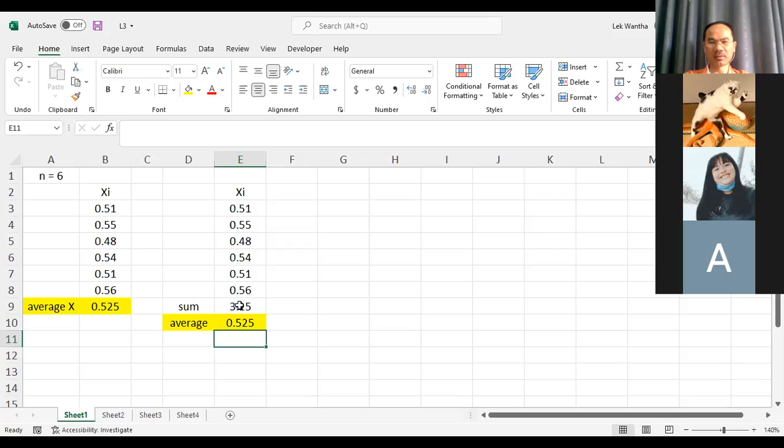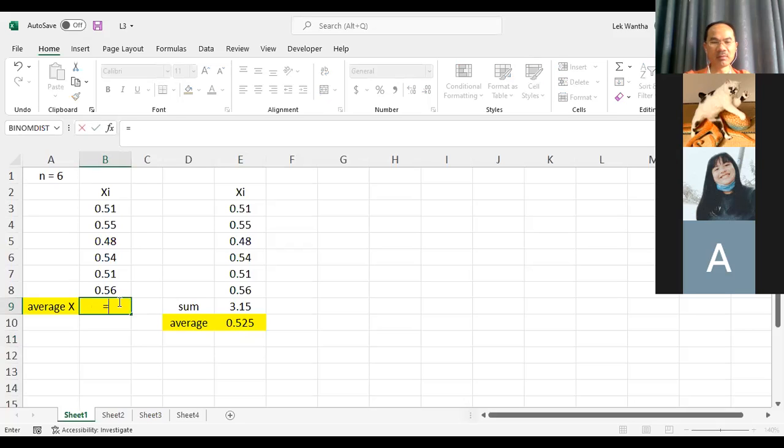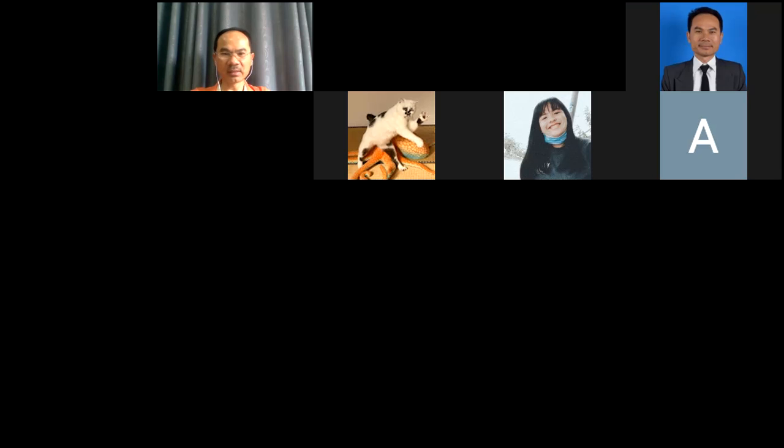You get the average value. Or another technique in Excel is the built-in function average. We use the average function from Excel, and you also get the same value. So you can call the built-in average function in Excel, or you summarize all data and divide by the number of data directly. Okay, let's move to the next property.